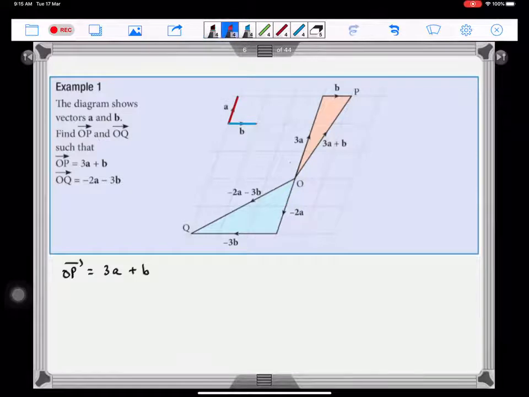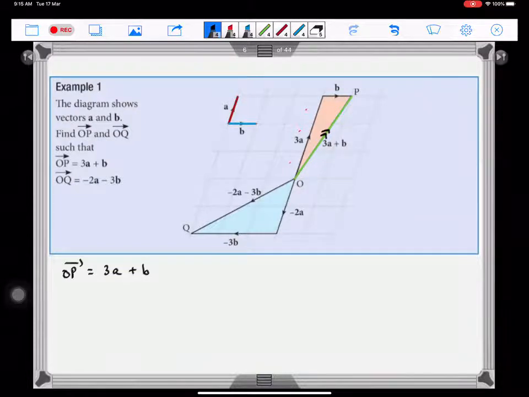So this is like 1A, 2A, 3A, and B is just one unit in this direction. So 3A plus B, this is the resultant vector. Start till the end. The green one is the resultant vector, 3A plus B. That is OP. The shortest distance from O to P is OP.